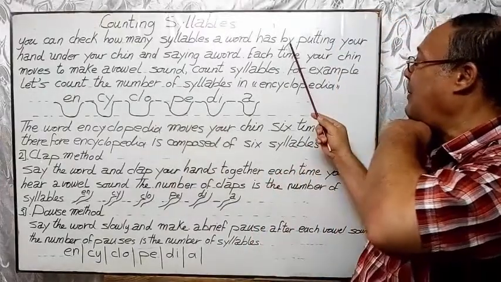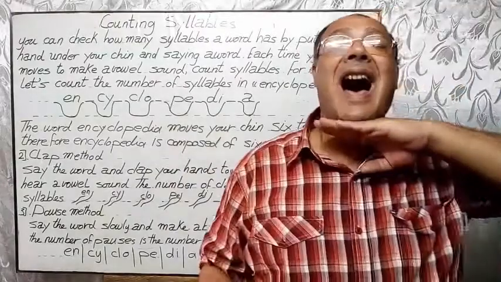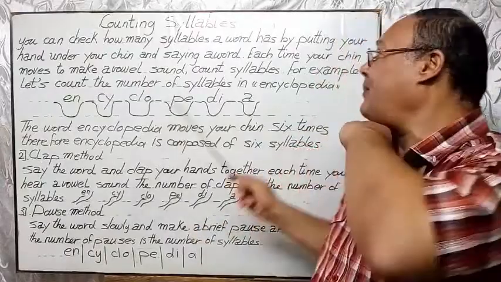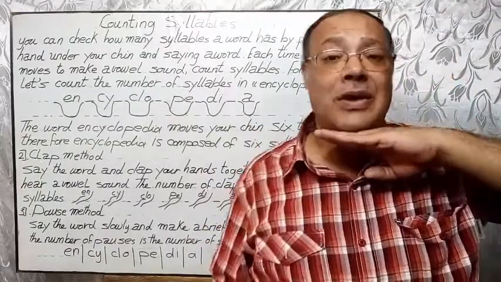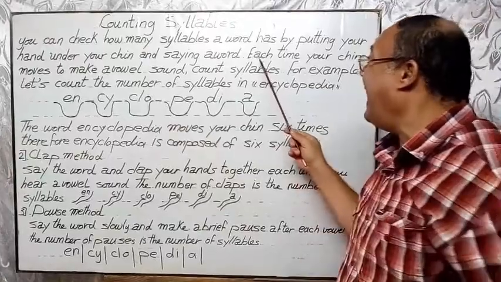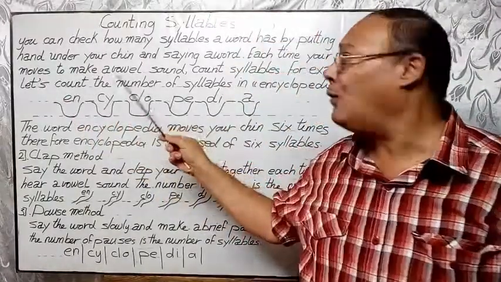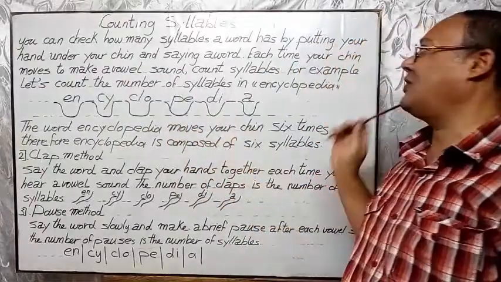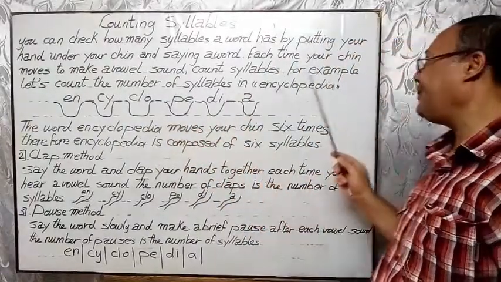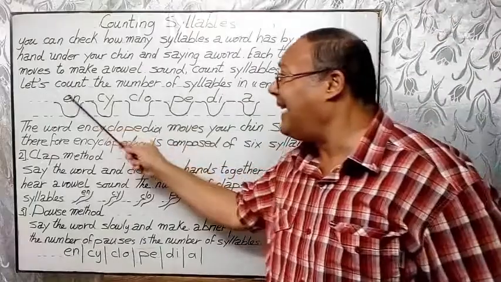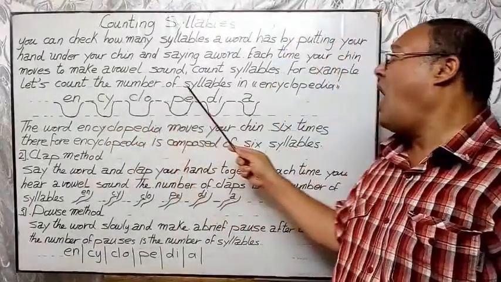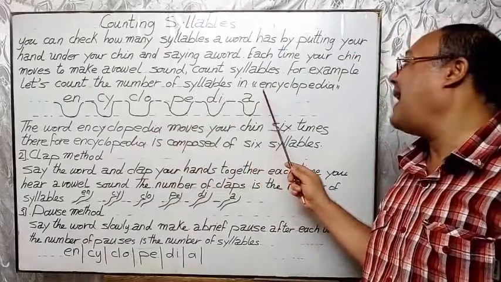So you can put your hand under your chin and say the word slowly. Each time your chin moves to make a vowel sound, count a syllable. For example, let's count the number of syllables in encyclopedia.